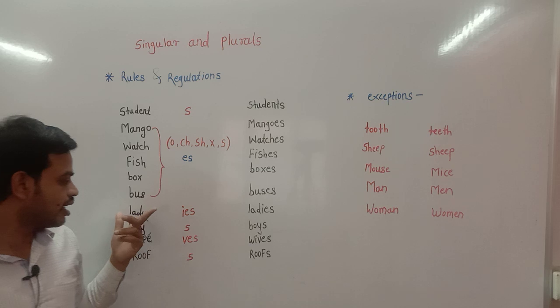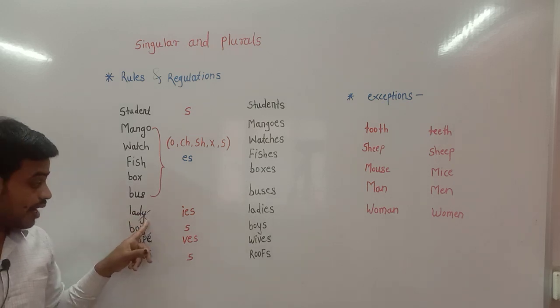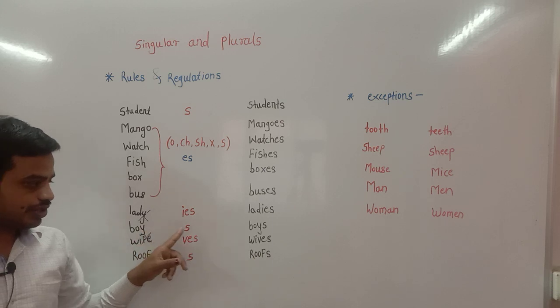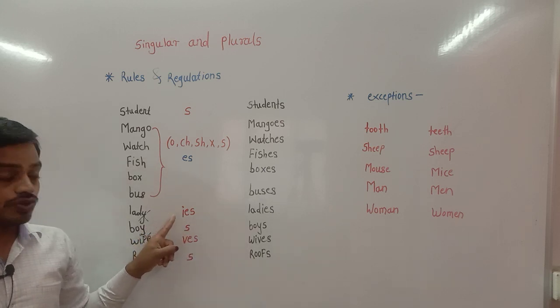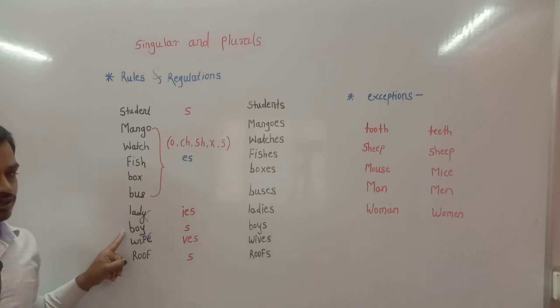Then our third rule is if a word ends with Y. Remember, here is the Y, here is also Y, but here we use only S and here we use IES. What is the difference between the two words?